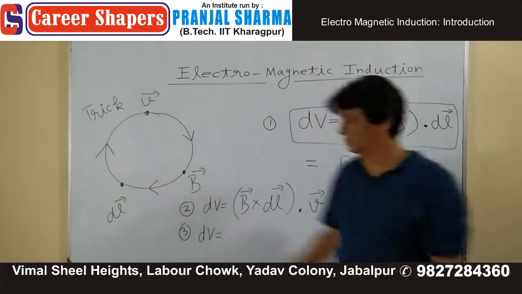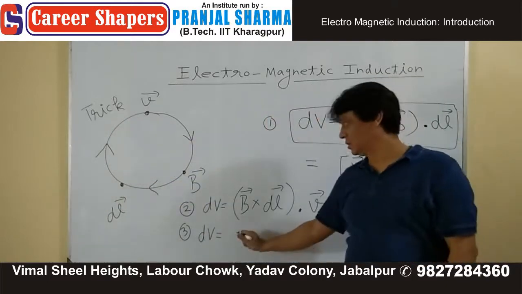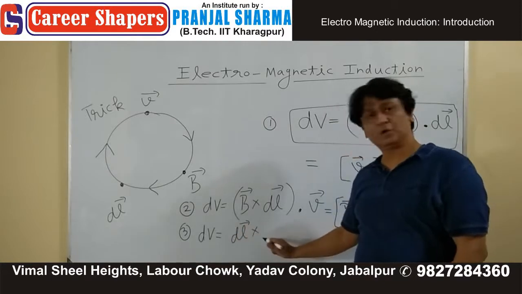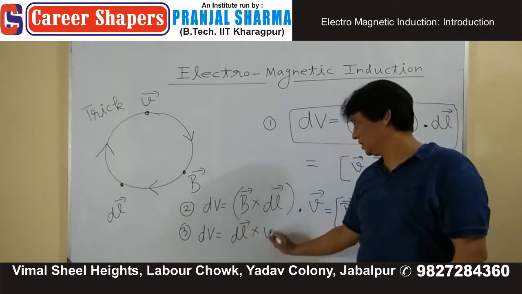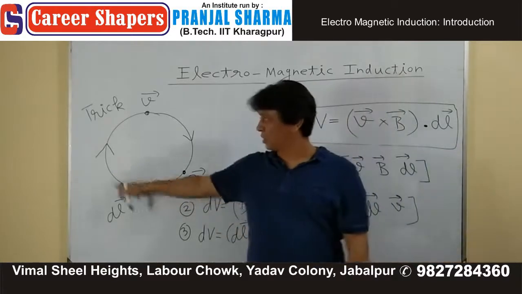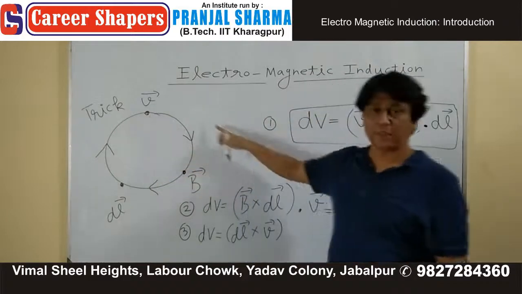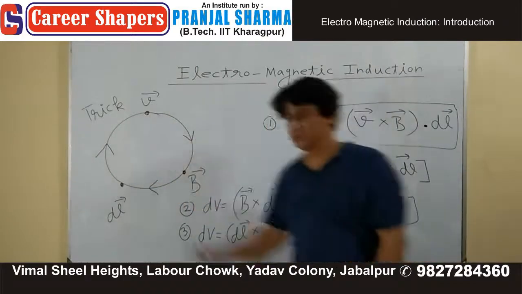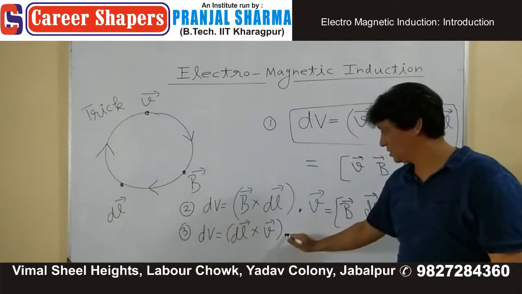They are cross. Which is what? dl cross V. Cross of these two and then dot with the third one. Follow this clockwise loop. Dot B.